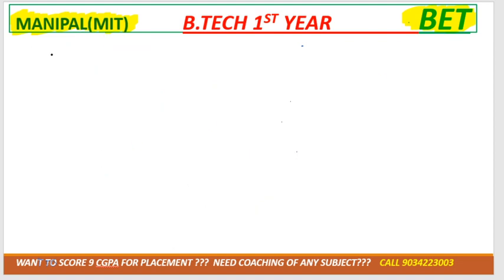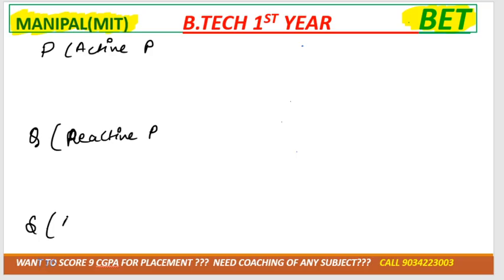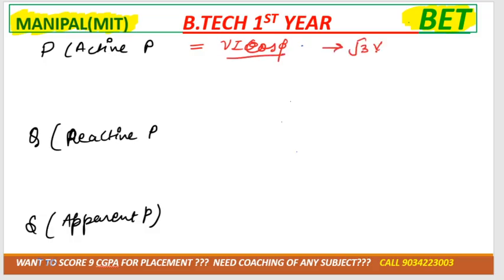Now we are left with the power. We'll have 3 kinds of power: active power, reactive power, and apparent power. Active power for the single phase is VI cos phi, but now we are learning three phase, so it would be √3 VL IL cos phi, or in terms of phase, 3 VPH IPH cos phi.